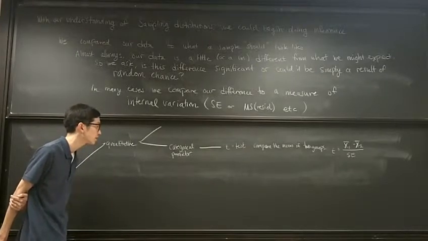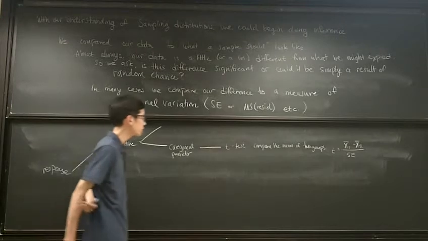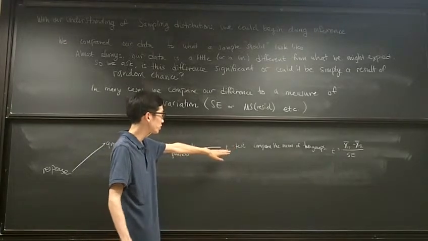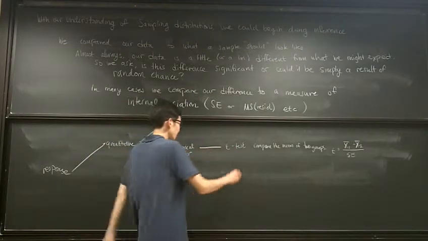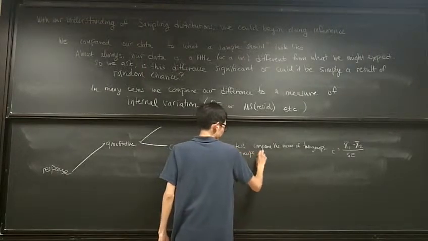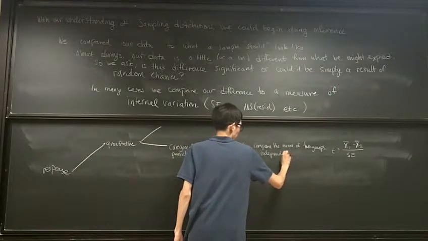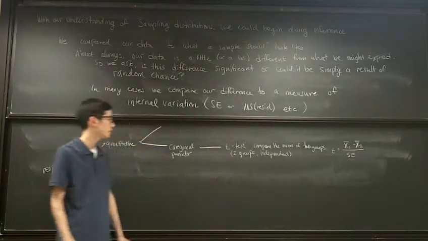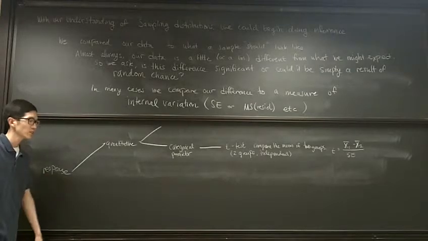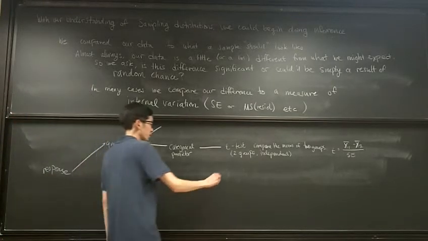That was comparing the means of two groups, but this only applied when we had two groups and they were independent. We also had a t-test if we had paired groups. Okay, paired groups, t-test for paired groups.